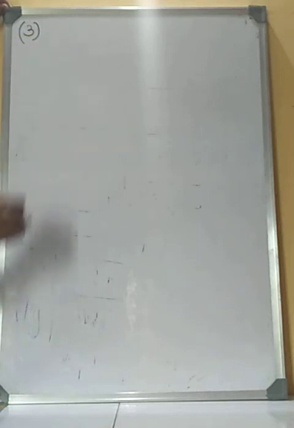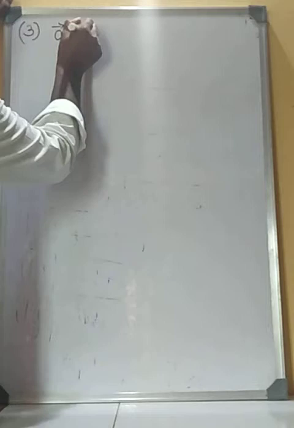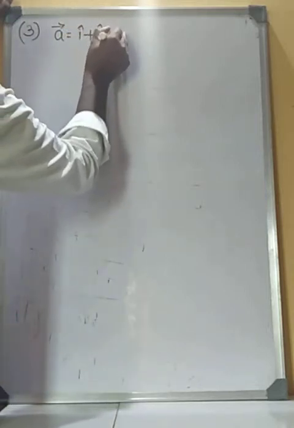The next example: compute the magnitude of the following vectors. Vector A is equal to i plus j plus k.